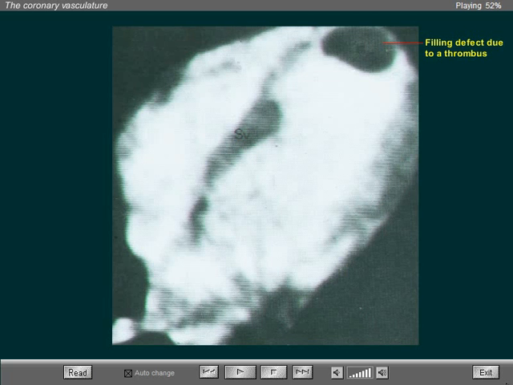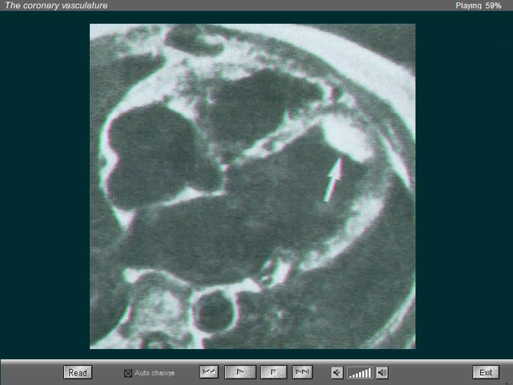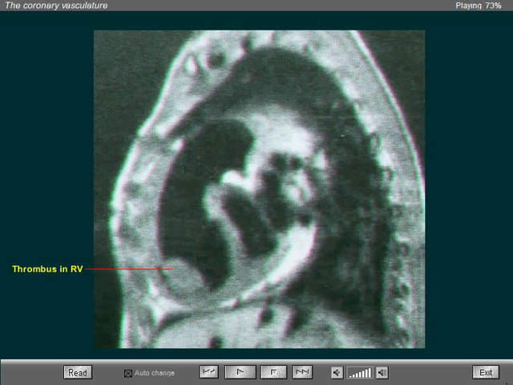In the MR examination of this other patient, we can see the high signal that corresponds to a thrombus inside the aneurysm. Thrombi can occur also at the level of the right ventricle, as indicated in this sagittal image. On the MR, the high signal corresponds to the thrombus in the vicinity of the right cardiac apex.